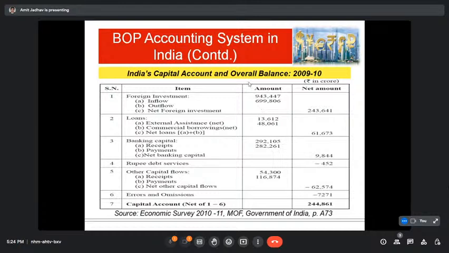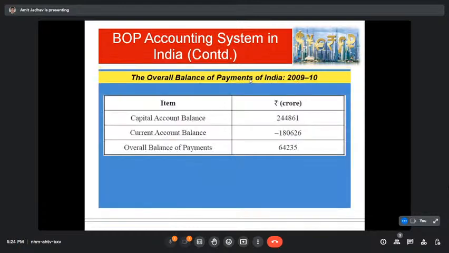Afterwards, when we try to find the overall balance of payment, we have to consider both accounts, the capital account as well as the current account. The capital account balance is plus because we have a surplus in the capital account, and that's why it is 2,44,861 crore.